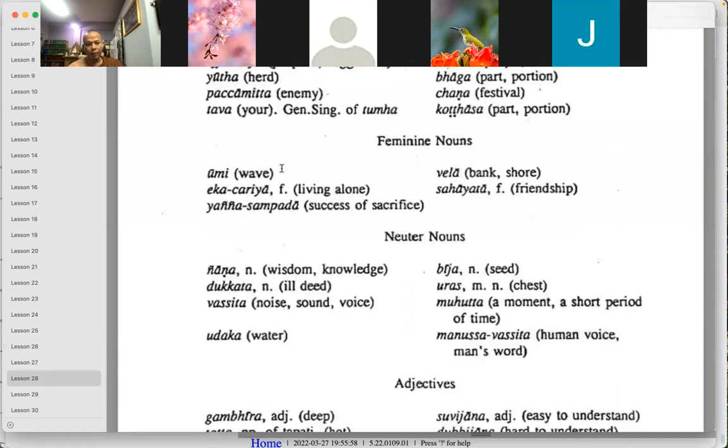And now feminine. So feminine is Umi. Umi means wave, the wave of the ocean. And Wela is bank or shore. Also, previously it was mentioned that Wela is time also.